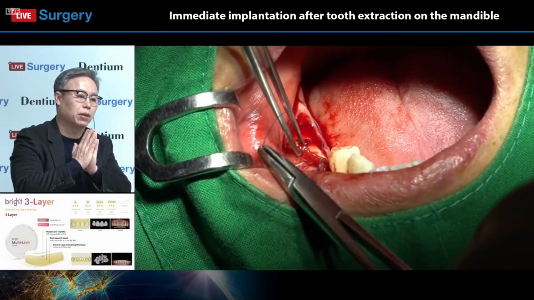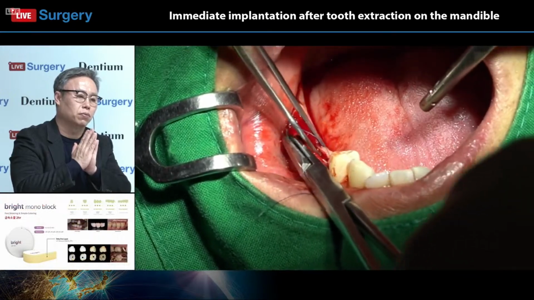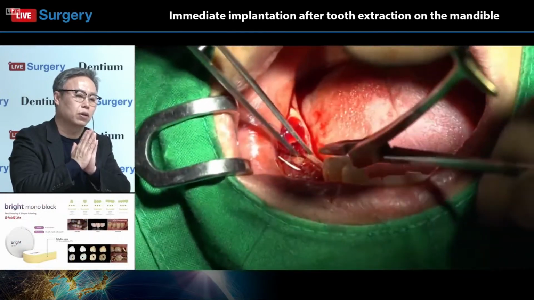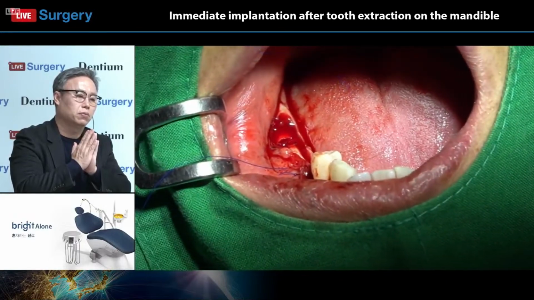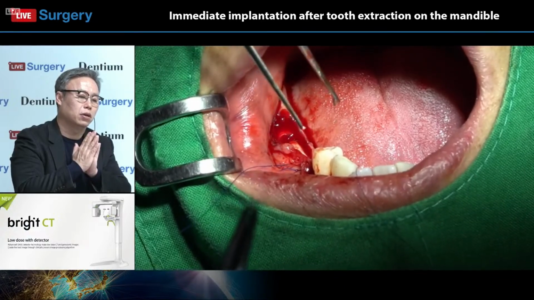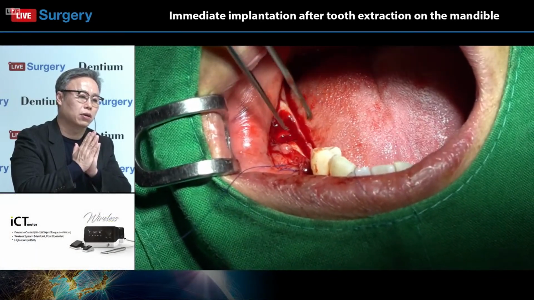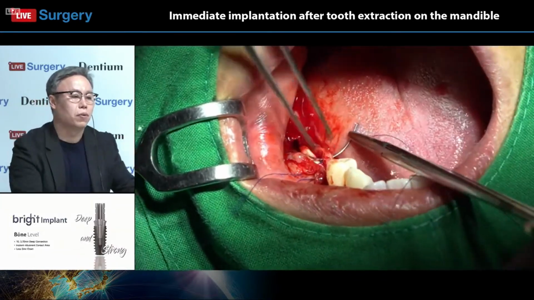So I strongly recommend, he strongly recommends the matrix suture for the primary closure. And also, it's stronger than the interrupted suture. Therefore, sometimes during the healing time, the suture gets loose and the flap opens.